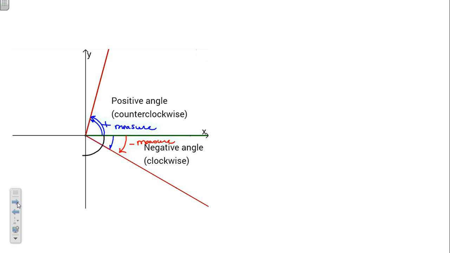And what's the negative measure of that same angle? Going from the initial ray clockwise gives me the negative measure. Likewise, I could say, what's the negative measure of this one? Or I could have started from the initial ray and gone in a counterclockwise fashion and gotten a positive measure for that angle. So far, so good? Okay.